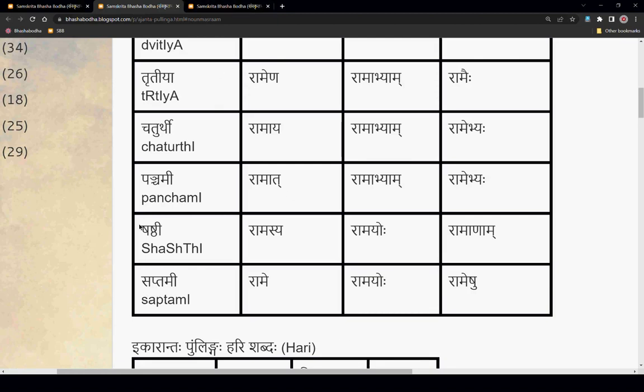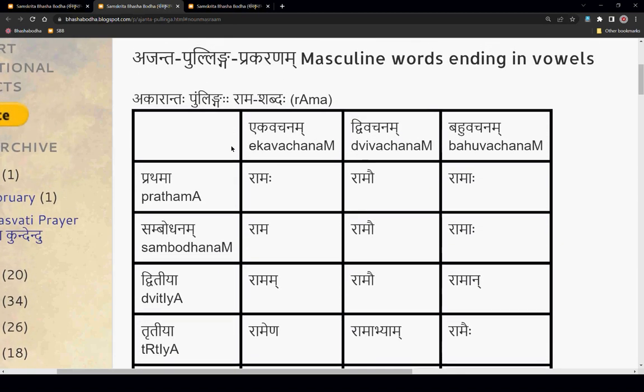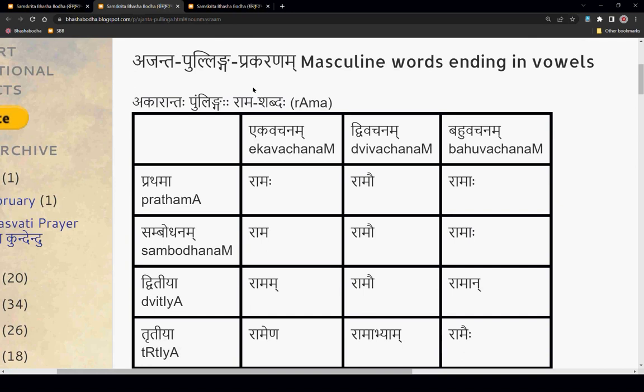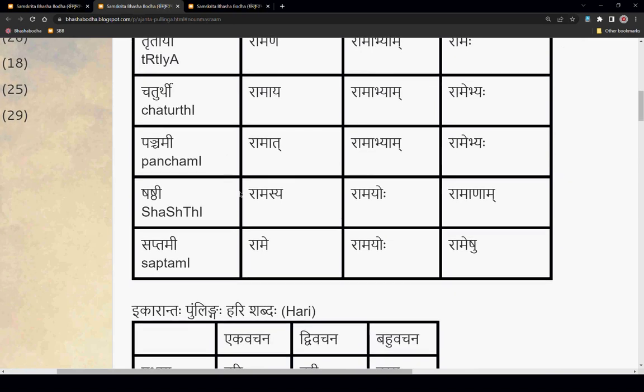And obviously if it is a napumsakalinga shabda like vana, phala, etc., the saptami vibhakti will be the same as pullinga. Phale, phalayoho, phaleshu, vane, vanayoho, vaneshu.